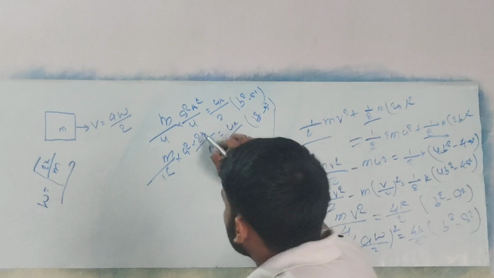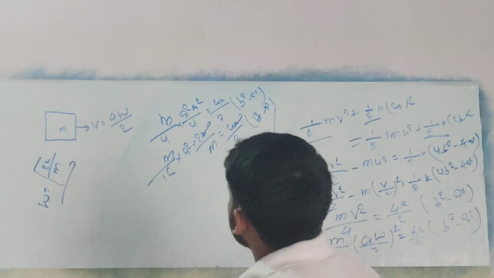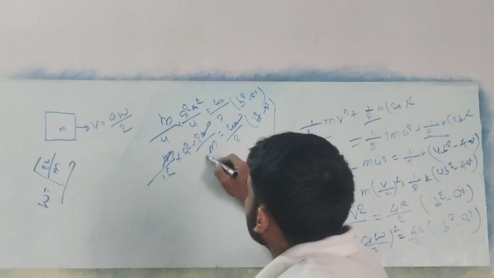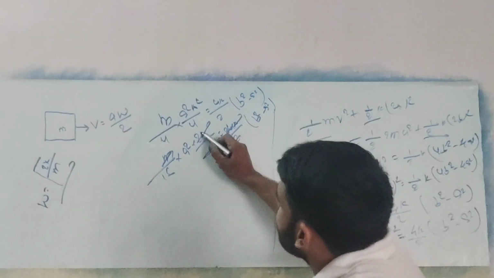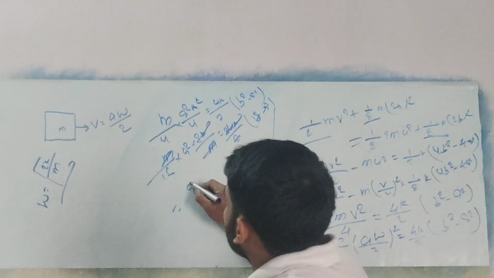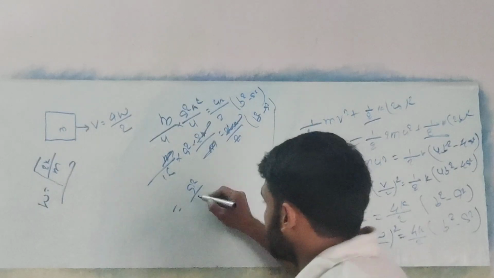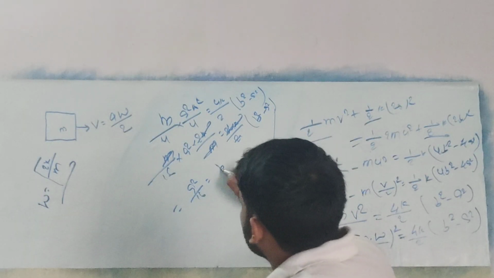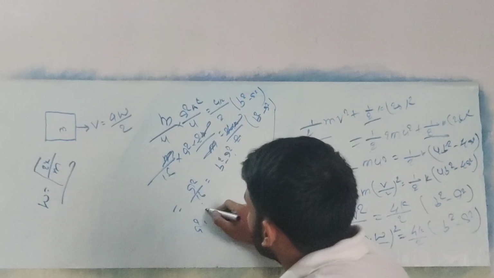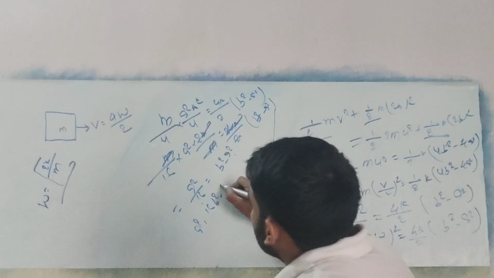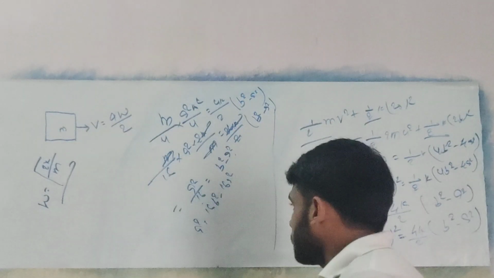Now this k and this k will cancel out, this m and this m cancel out, and we will divide by 2 and this 2 will get cancelled out. So now the final will be a square by 16 is equal to b square minus a square. Put that value here, a square is equal to 16 b square minus 16 a square.